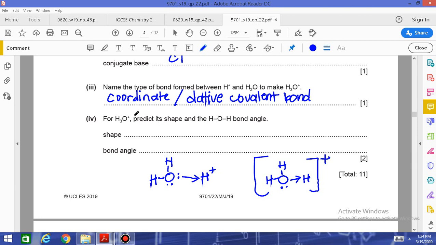Next, predict its shape and the bond angle. So for the hydroxonium ion, H3O plus, predict its shape and the bond angle.